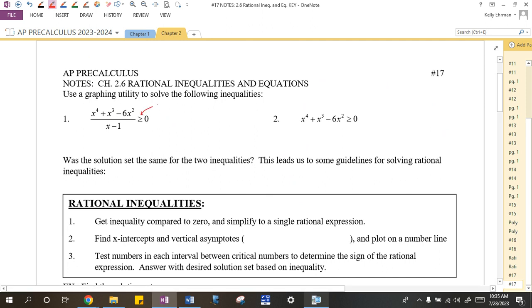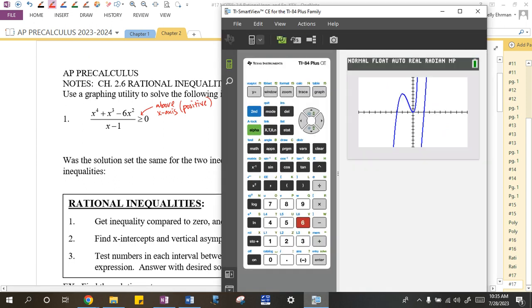Remember, if you're looking at a graph, that equates to above the x-axis, or equal to is, where does it hit the x-axis? Or in other words, you're looking for, where is this expression positive? So if we look at this, it looks like it's between -3, and then there's a bounce at 0, and then kind of shoots off up into space here because of this vertical asymptote. There may be 2 to infinity.